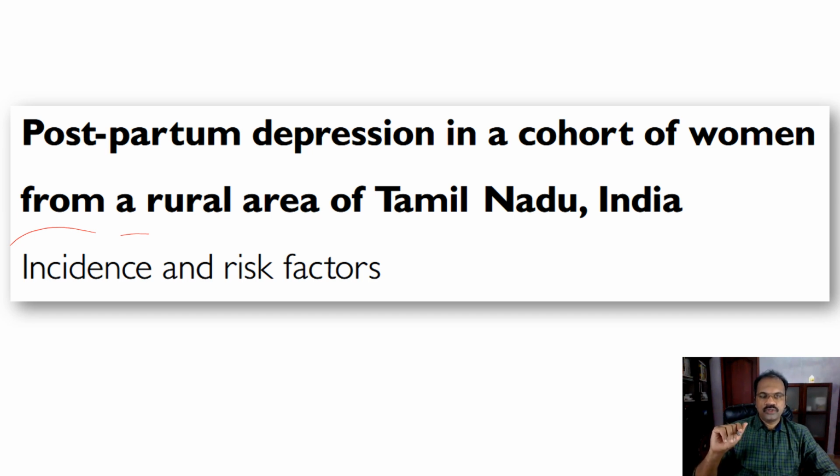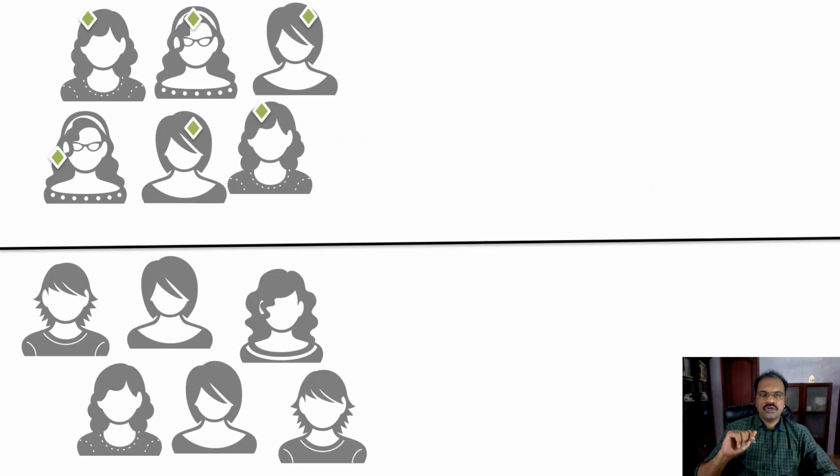What these authors did here is they wanted to study postpartum depression in a cohort of women from Tamil Nadu. They had two groups of women. One group of women had, say, one risk factor like psychosocial stressors in the family, poverty, things like that, while the other group did not have that particular risk factor. After that, they followed these two groups of women for some time.